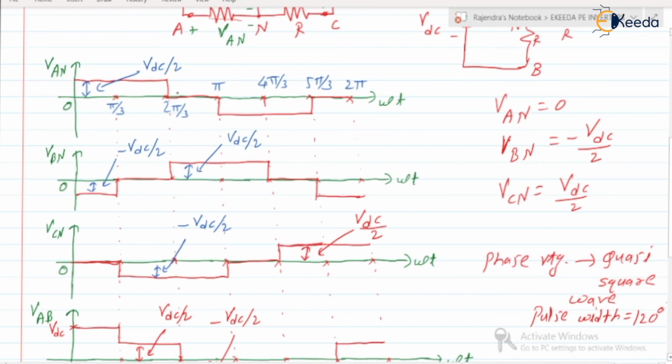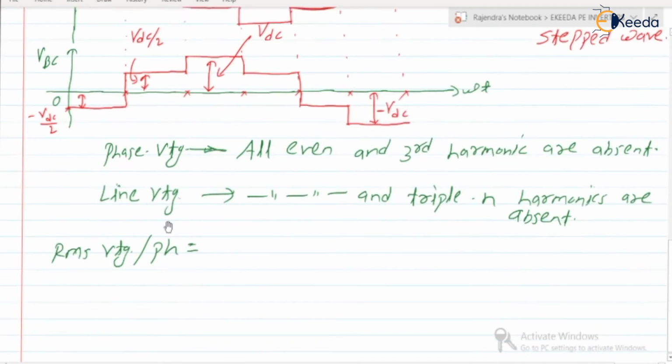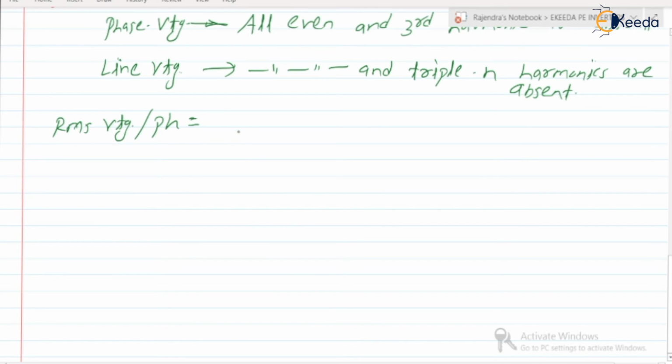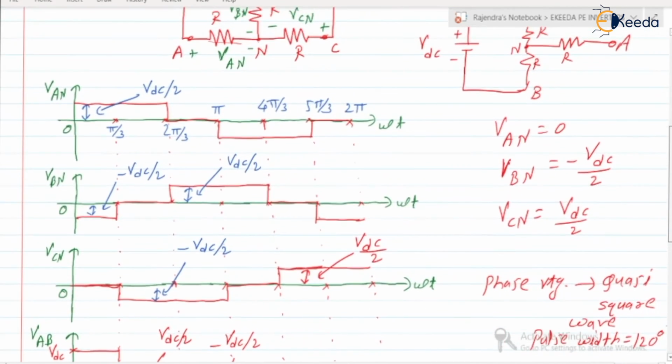So we can take it only for 0 to pi. So it is 1 by pi, root mean square. I'm writing 1 by pi integration from 0 to 2 pi by 3. During this, what is the magnitude? It is VDC by 2, right? Magnitude is equal to VDC by 2.